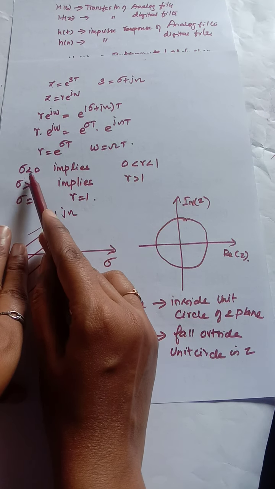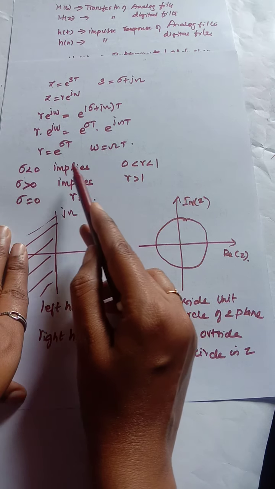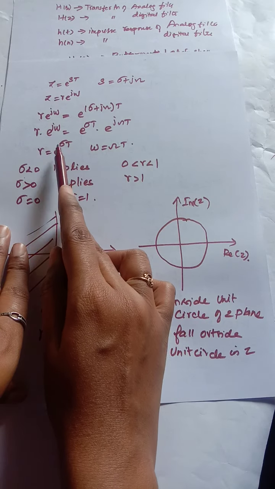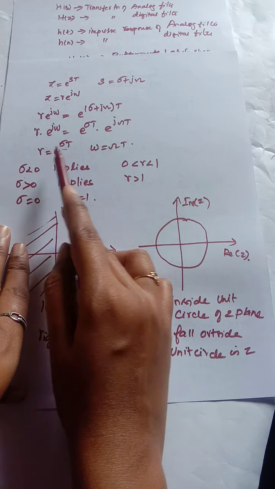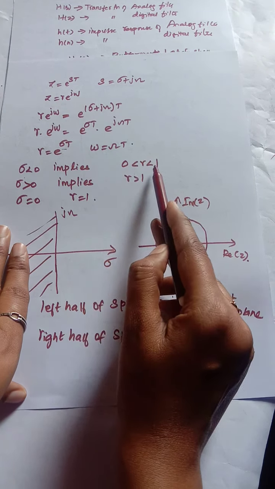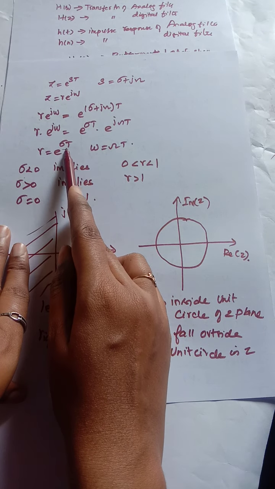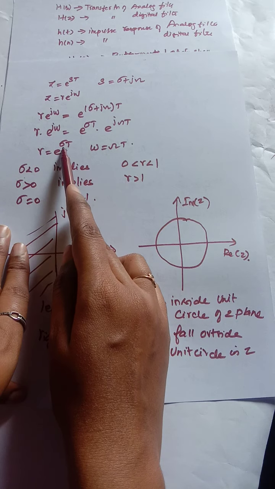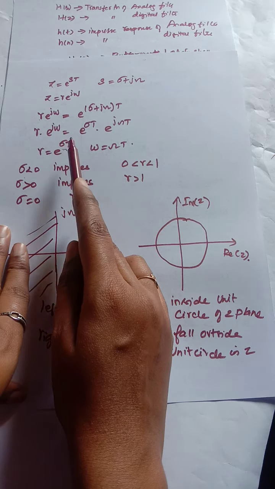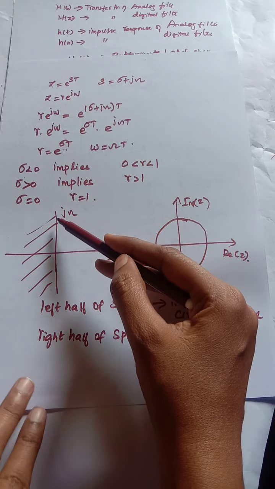Here, if sigma is less than 0, r will take values between 0 and 1. If sigma is greater than 0, r will take values greater than 1. If sigma is equal to 0, e^0 is 1, so r = 1.